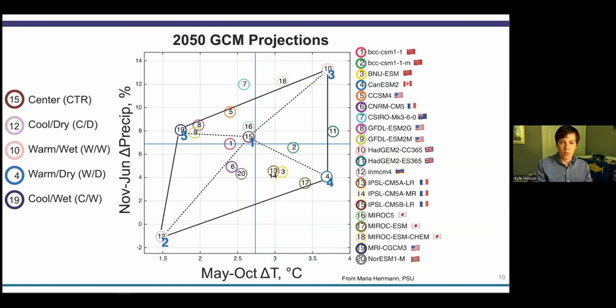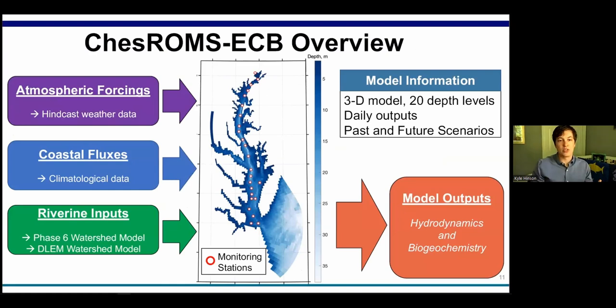And then we apply these climate inputs to an estuarine model, a formulation of the Regional Ocean Modeling System called ChesROMS-ECB. This is coupled to an estuarine carbon biogeochemistry component. This is a 3-dimensional model with 20 depth levels and gives us daily outputs, both past and future scenarios, of changes to hydrodynamics and biogeochemistry.